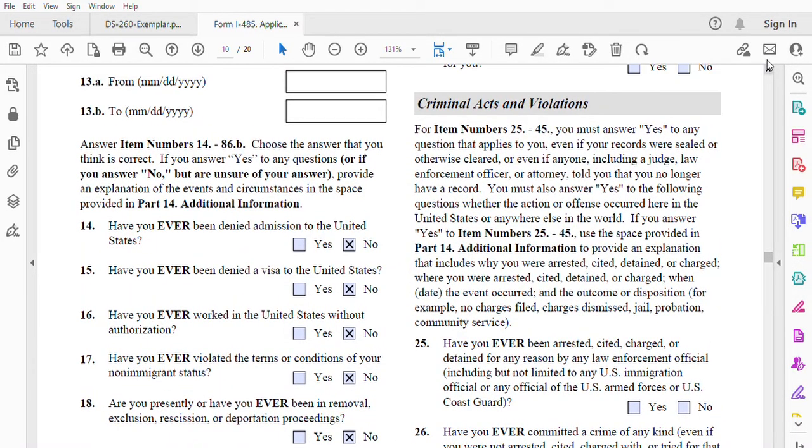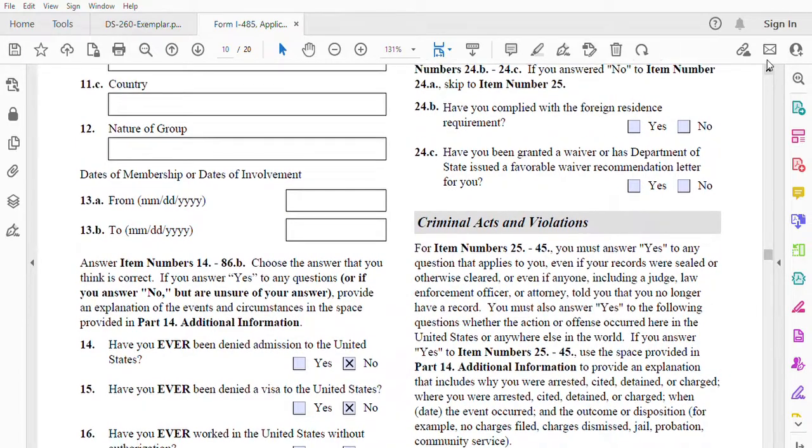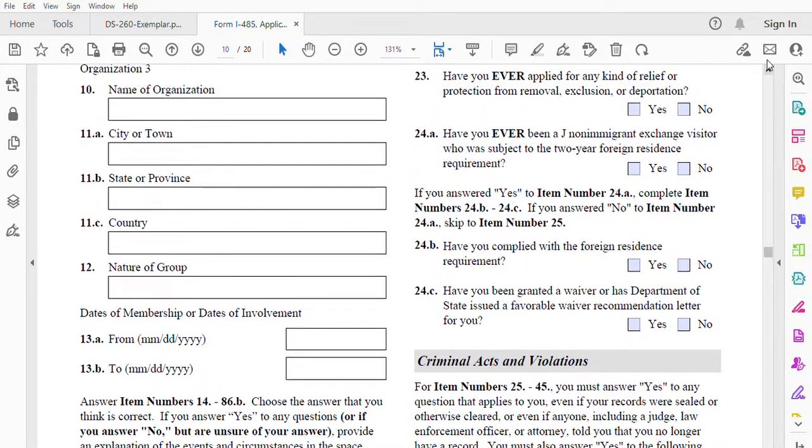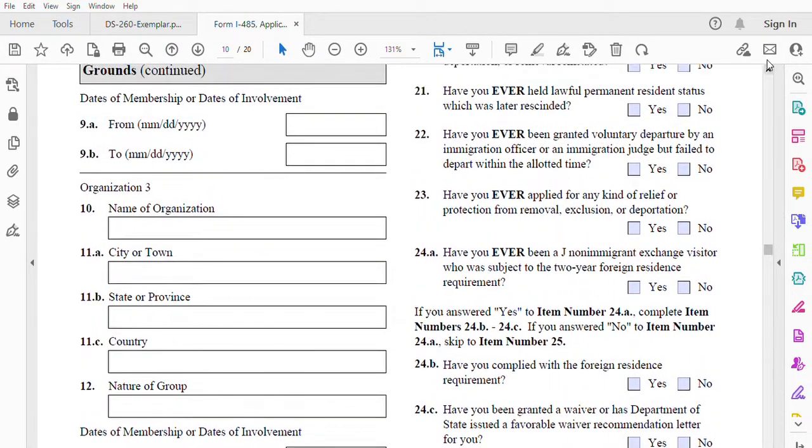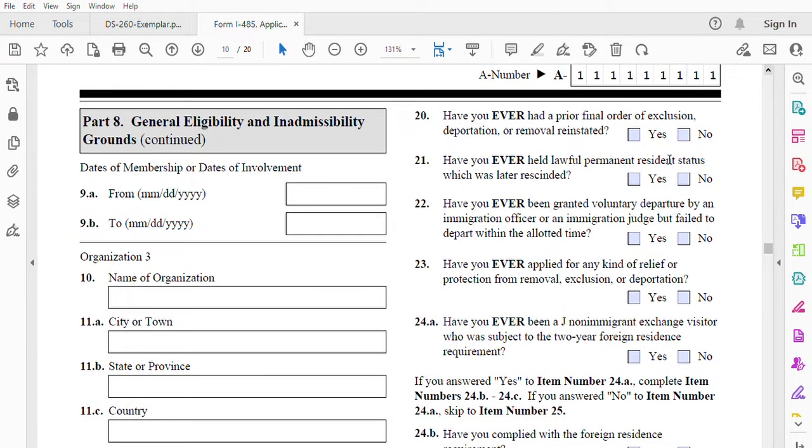So we're going to go to the next question, which is 20. Have you ever had a prior final order of exclusion, deportation, or removal reinstated?